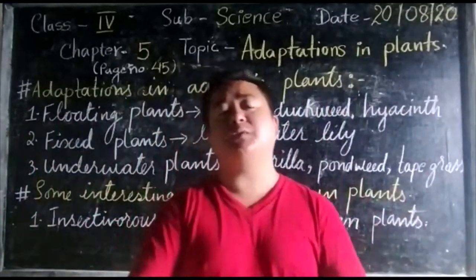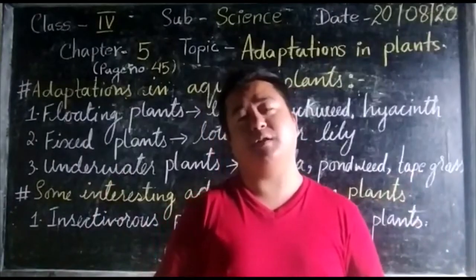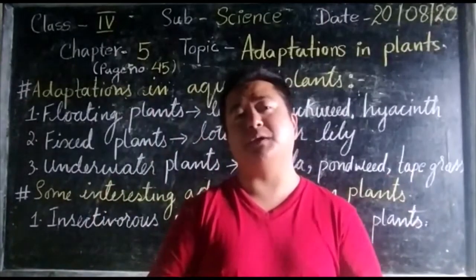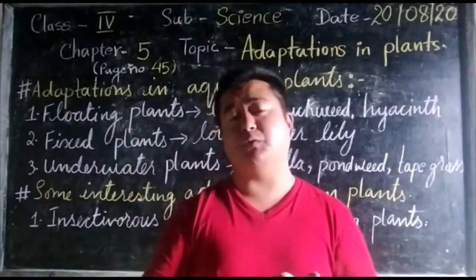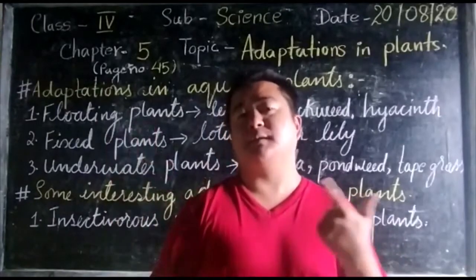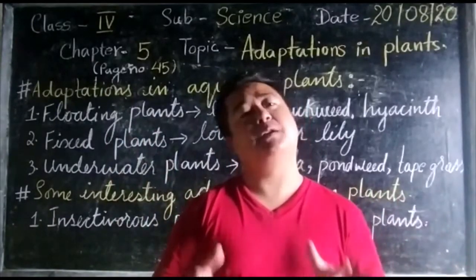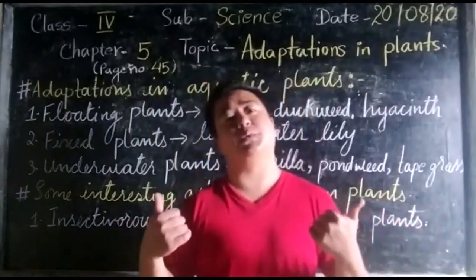So children, we have learned many facts about plants. Starting with the factors that influence adaptation in plants, we know the two varieties of plants. Some plants are found in water, some are on the ground. One is the terrestrial plant and the other is the aquatic plant.